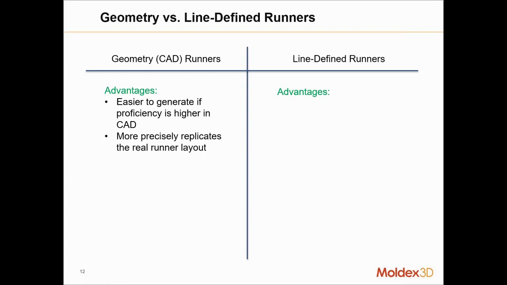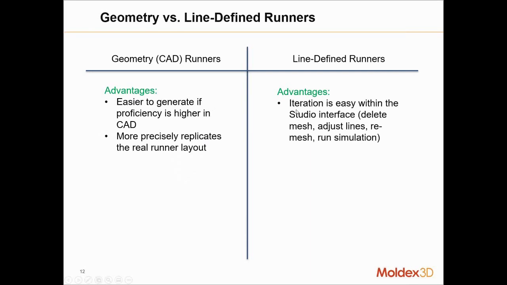Sometimes there are limitations as far as what the line-defined runners can show, or the volume they can create. So sometimes you do run into that limitation, but for probably 80 to 90% of the runner systems out there, Moldex3D can accurately define what's going on in the runner system.